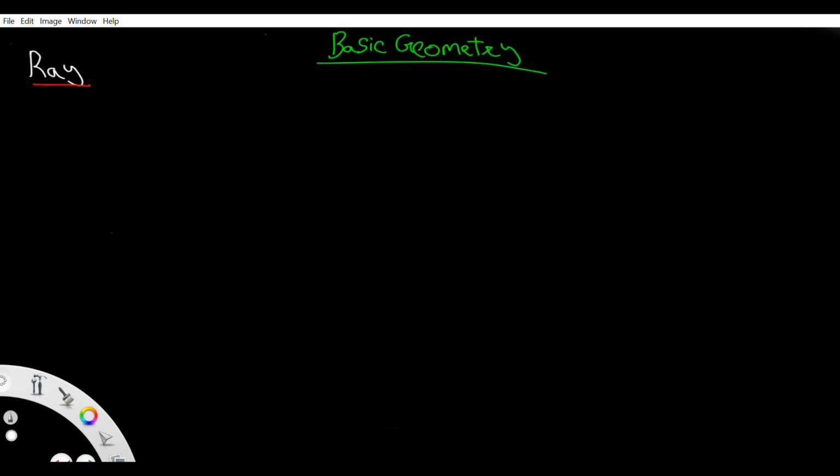Now what about ray? What is a ray? Well, a ray has a starting point and it goes on forever in the other direction. This is similar to the line, but a line goes on forever in both directions. But a ray, it's only one direction and the other direction has a starting point. Now let's put some points on this ray.